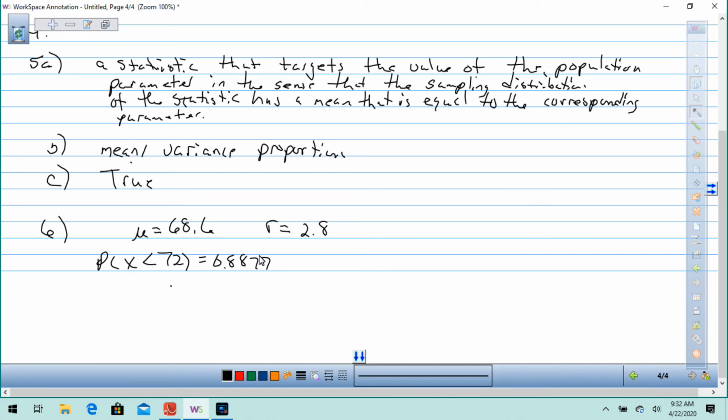All right. Does the door height of 72 inches appear to be adequate? I would say not for 11% of the men. Why?